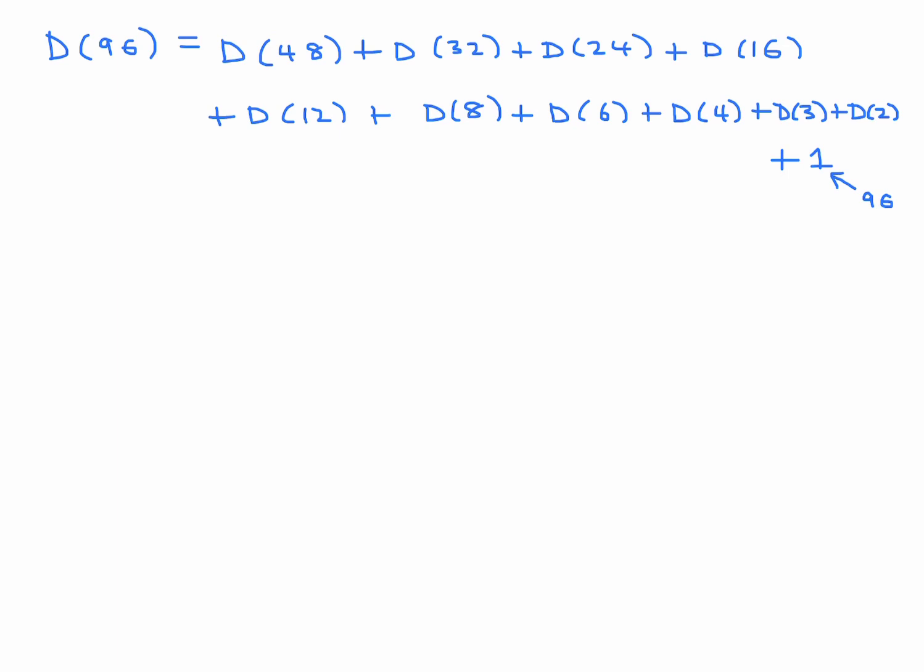All right. So here we go. Some of these we already know, right? D2 is 1, D3 is 1, D4 we had calculated as 2, D6 we had calculated as 3. So now we have to figure out all the other ones.